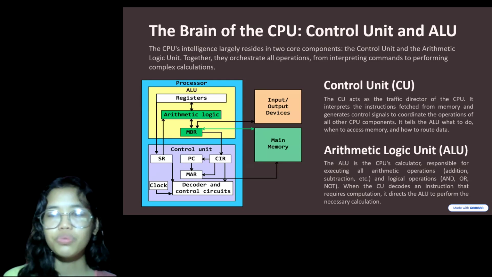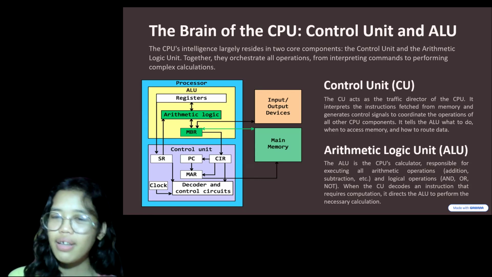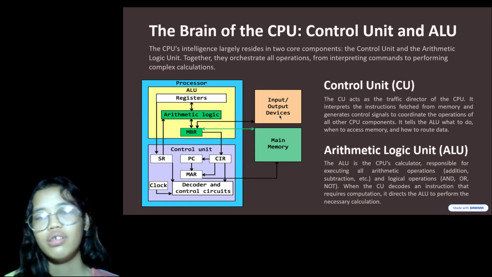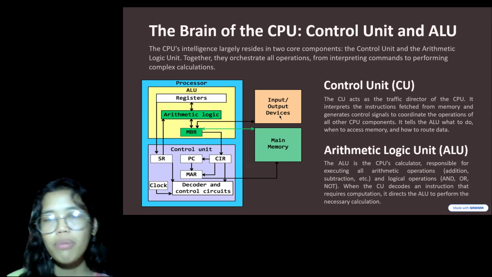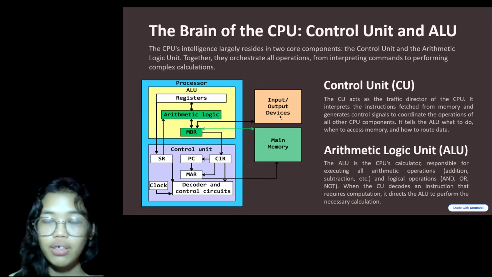So when the control unit decodes an instruction that requires computation, that's where the ALU comes in. It directs the ALU to perform the necessary computation. The ALU performs arithmetic operations and executes logical comparisons. So basically, that's the CPU's own calculator.